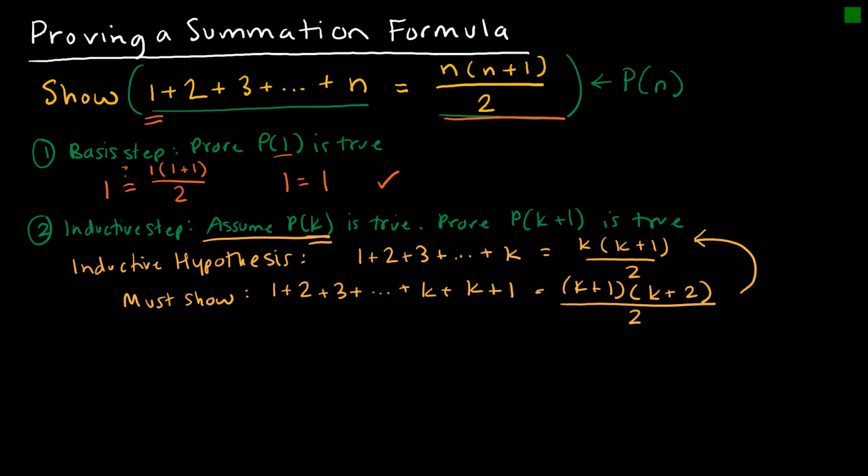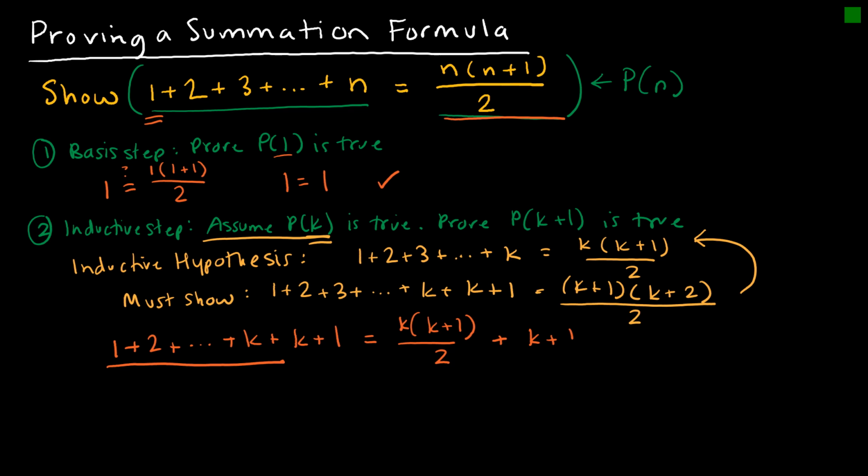So let's see how we do. If I have 1 plus 2 plus and so on, plus k plus 1, then that is equal to k times k plus 1 divided by 2, which is all of the stuff up to this point, plus k plus 1.